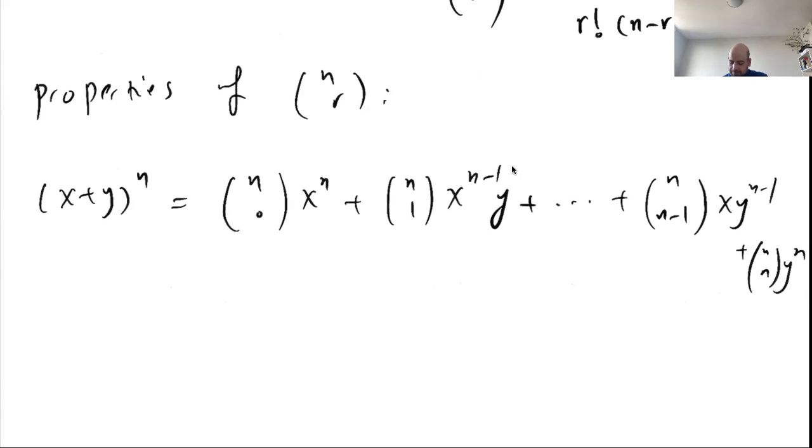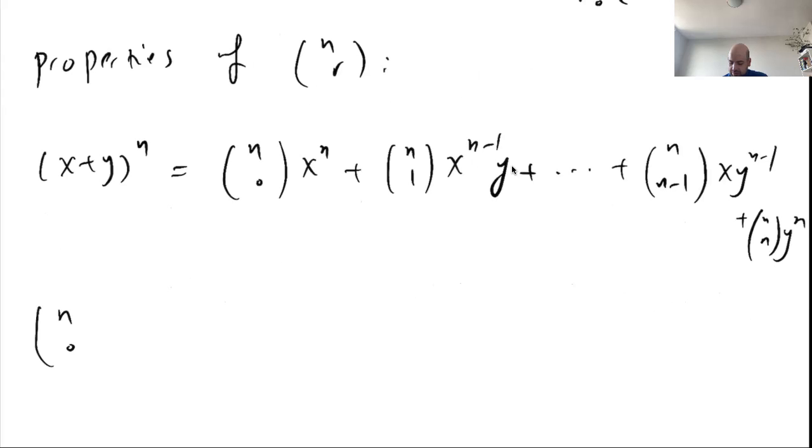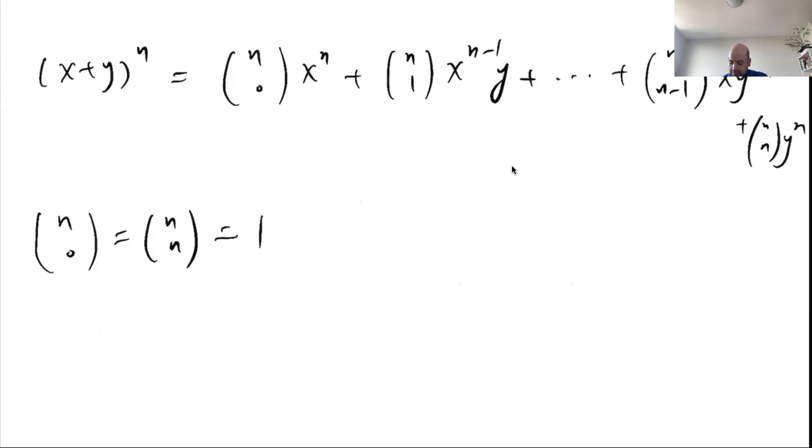We also saw n choose 0 equals n choose n equals 1. And we also saw n choose 1 equals n choose n minus 1 equals n.